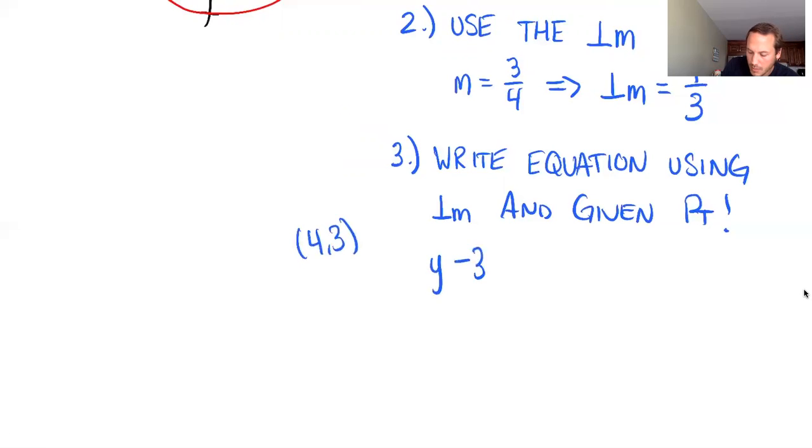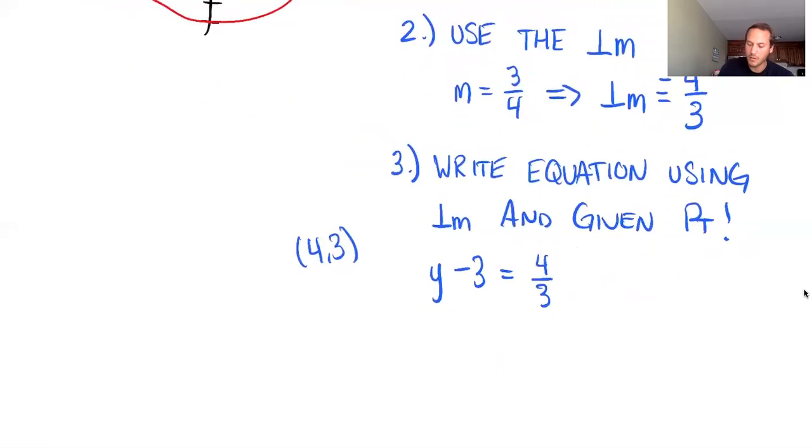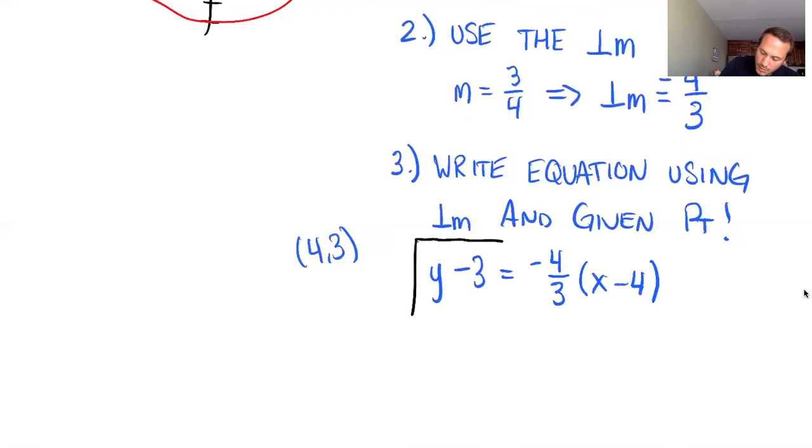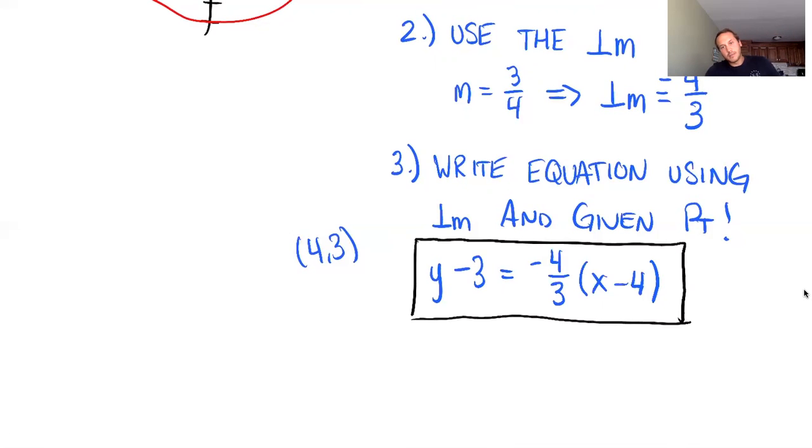Y minus 3 is equal to 4/3, negative 4/3, excuse me. Yep, negative 4/3 times x minus 4. And I'm just going to leave it like that. I don't really want to do anything else. I could simplify, but with that fraction, I don't really want to simplify. So that's almost everything I have for you.